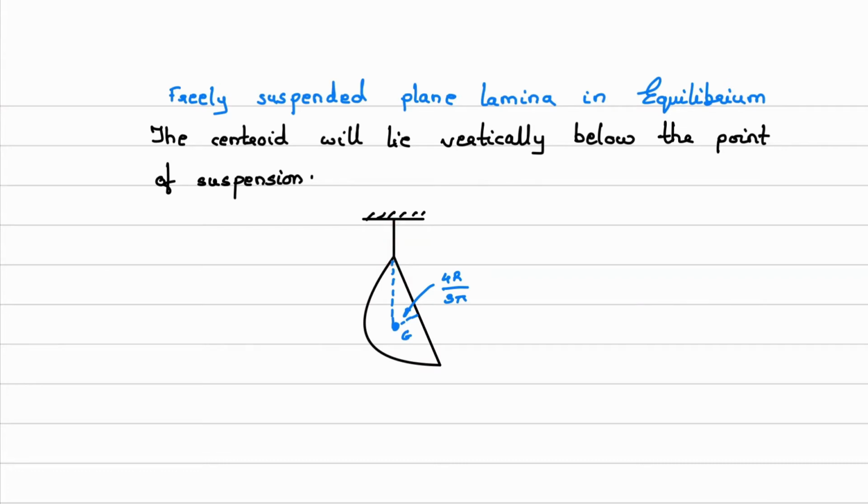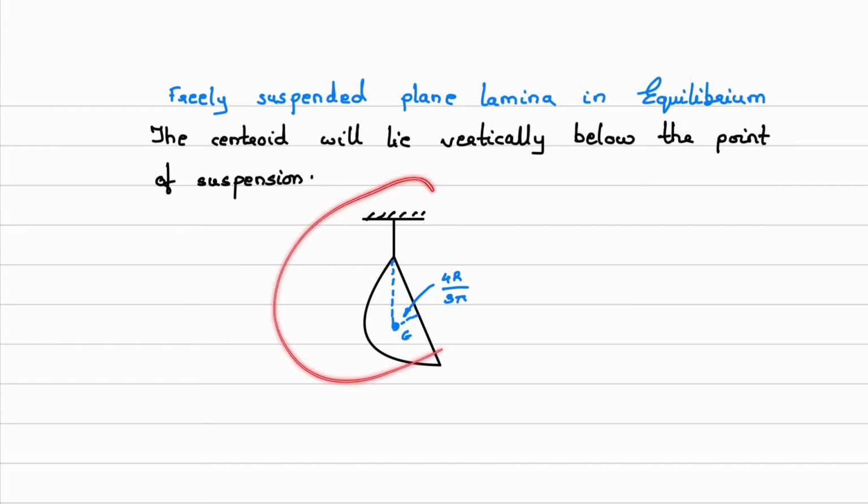Now what will happen? The centroid will lie vertically below the point of suspension. For the semicircle, the location of centroid will be this point, and this point automatically becomes vertical with respect to this string.